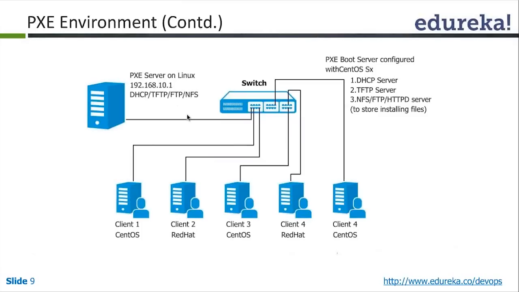Now, what does the DHCP give you? It gives you the IP address. So this guy wants to install the operating system. What does he do? Because this system has a PXE-enabled network card, he will go in search of a small software code called the pre-boot environment.